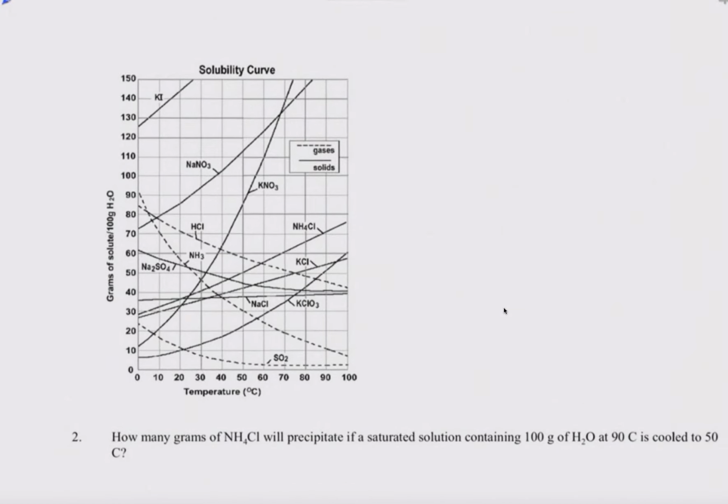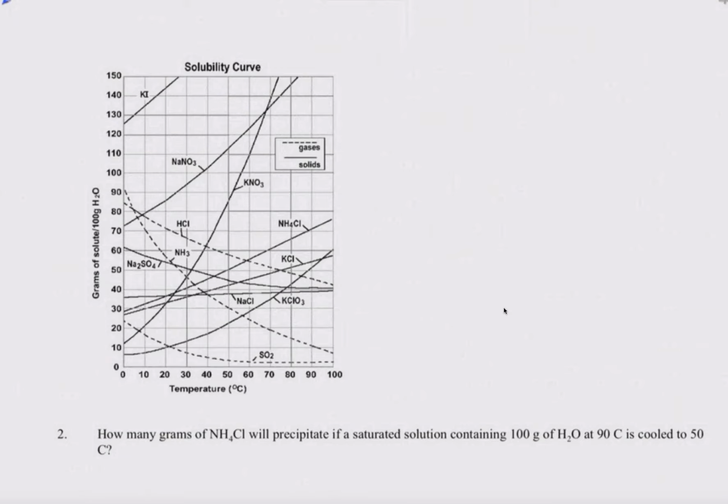How many grams of ammonium chloride will precipitate if a saturated solution with 100 grams of water at 90 Celsius is cooled to 50 Celsius? So again, the 100 grams of water is already taken care of. We're looking at going from 90 down to 50.